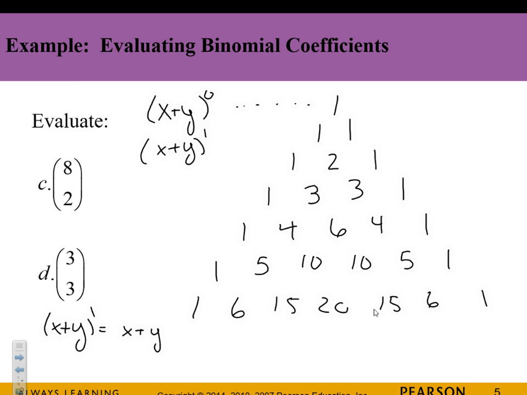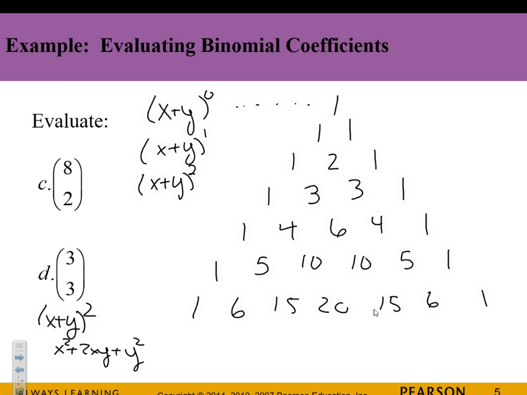If I did x plus y to the second, let's do that real quick. Once I factored it out, this would become x squared plus 2xy plus y squared, wouldn't it?